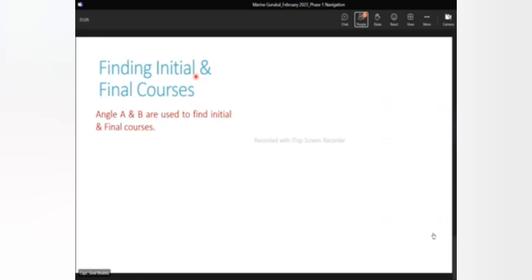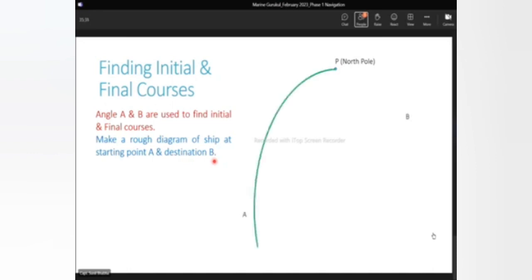So let us now see how these angles, angle A and angle B, are going to give us the initial and final courses. For this, we need to make a rough diagram of the ship at our starting position A and the destination position B. Let me make the PAB triangle here also. We don't need to show the full earth diagram now.